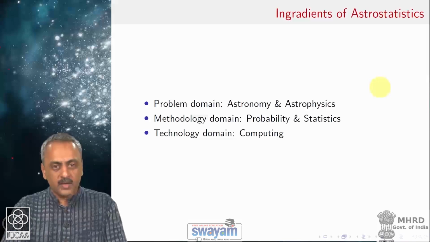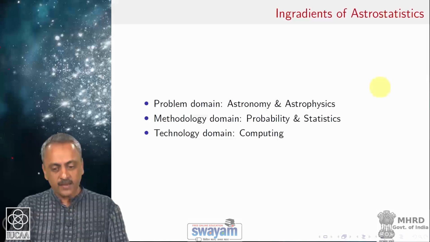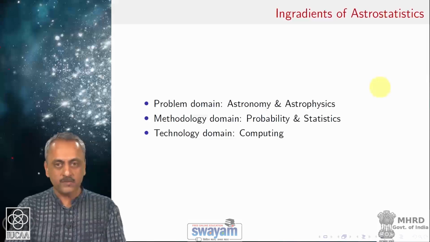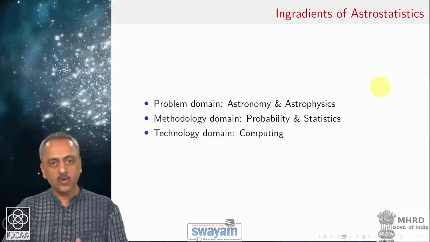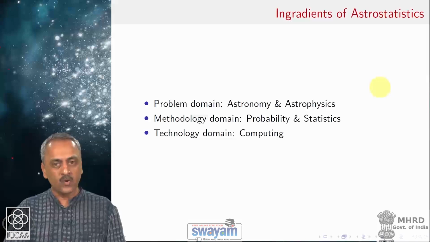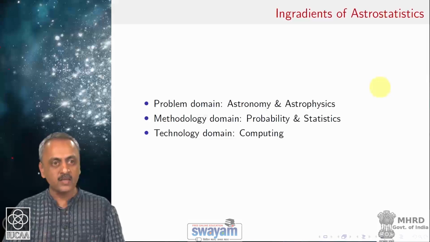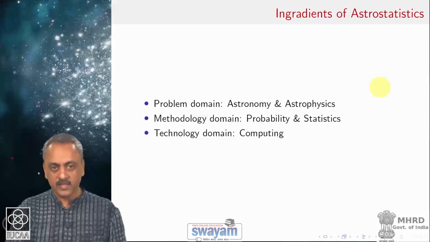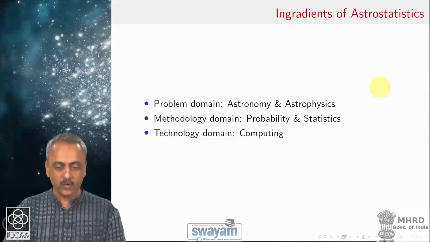So, the problem comes from some domain, and you cannot really ignore the domain aspects of the problem, because oftentimes the domain aspects firstly need to be understood in order to understand the data, and oftentimes provide you with clues about which methods might work better, which methods should not be used, and so on and so forth.